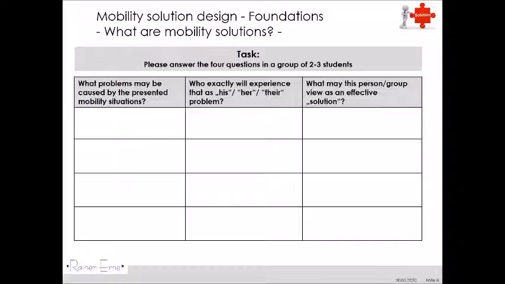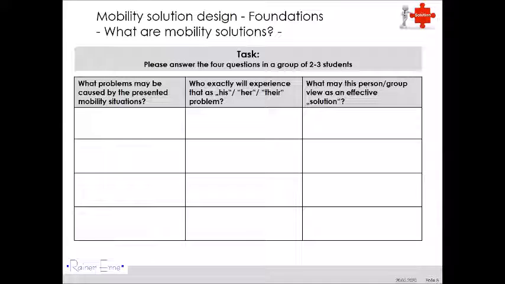The second question, which is the second column, is who will exactly experience that as his or her or their problem. This addresses the stakeholder part of it. I don't have the point of view that we have something like environmental problems, because the environment doesn't see a high motorization rate as its problem.